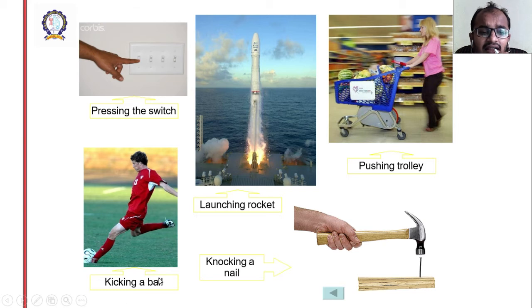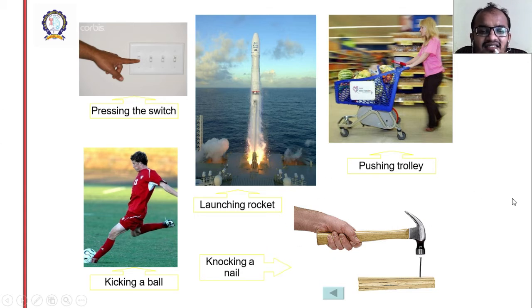Then we have kicking a ball. If we are playing football, that is one kind of push action. Then knocking a nail, using a hammer, that is also a push action, and we can call it in the category of force.